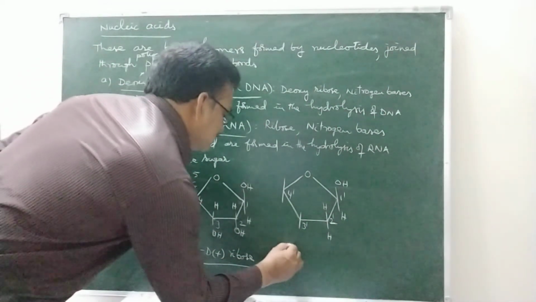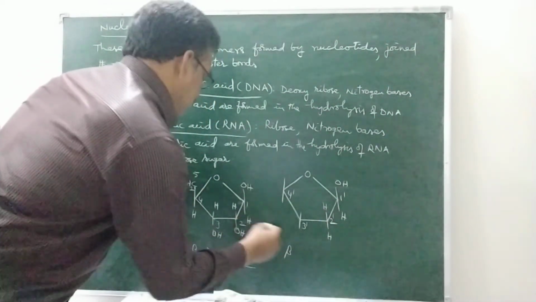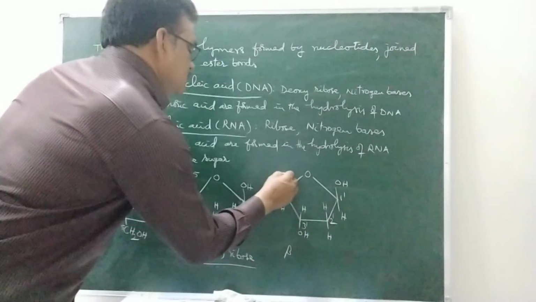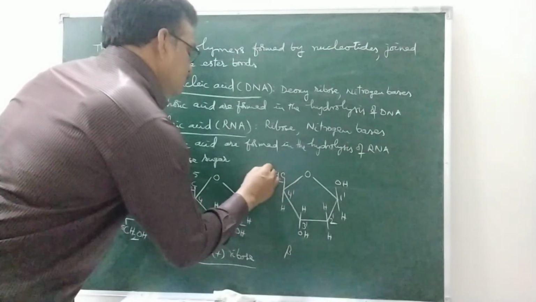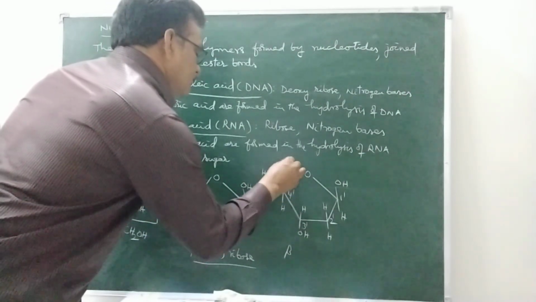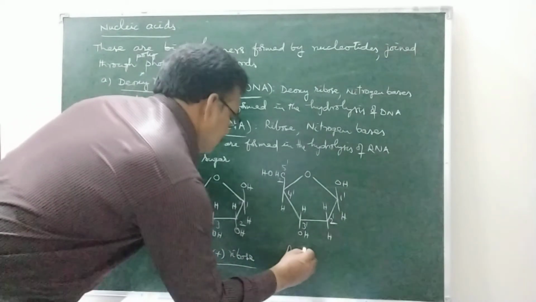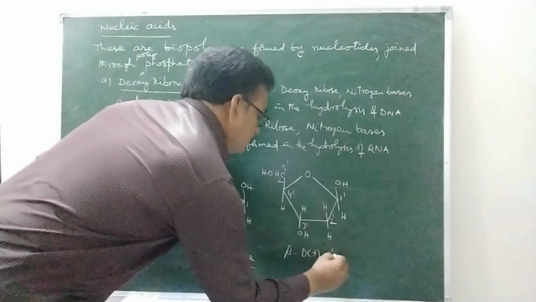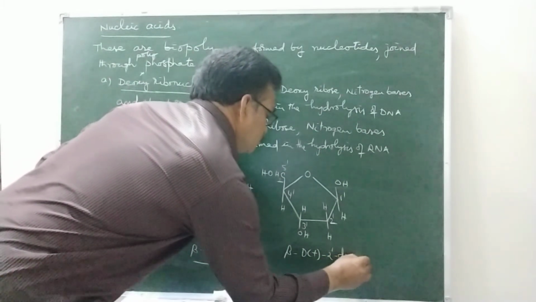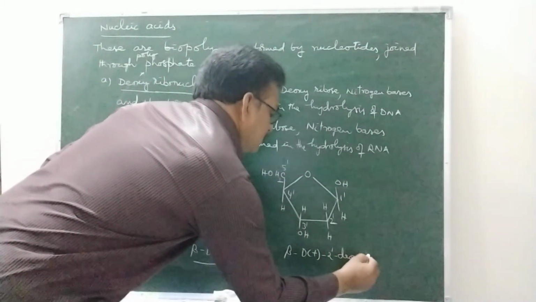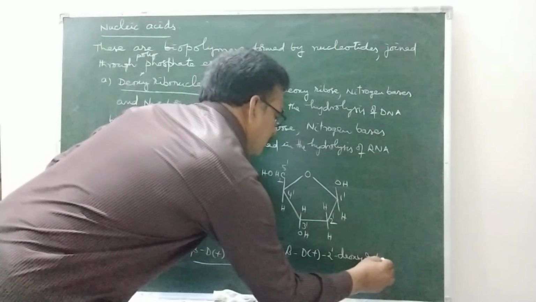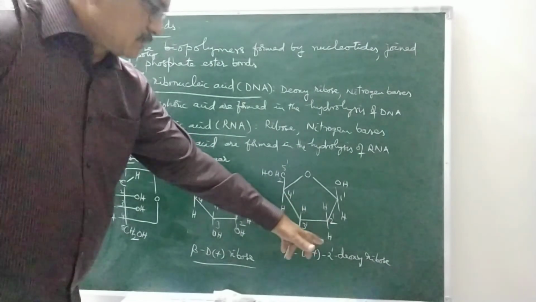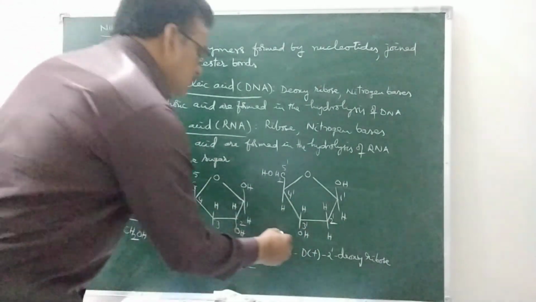We write the other atoms also, HOH, H, CH2OH, this is the fifth carbon. Beta D plus 2 prime deoxyribose. Why should we write 2 prime deoxyribose? Because the oxygen is removed from the second carbon.